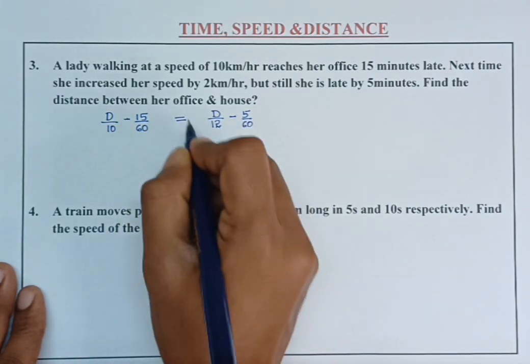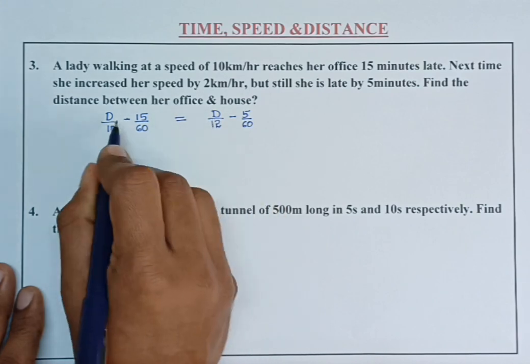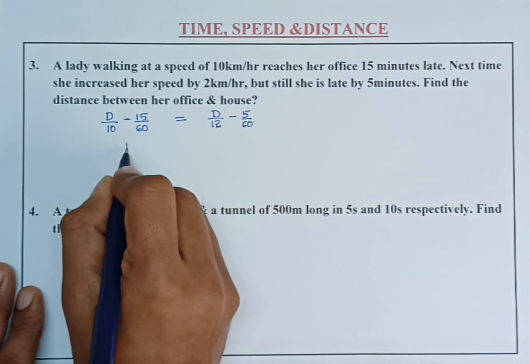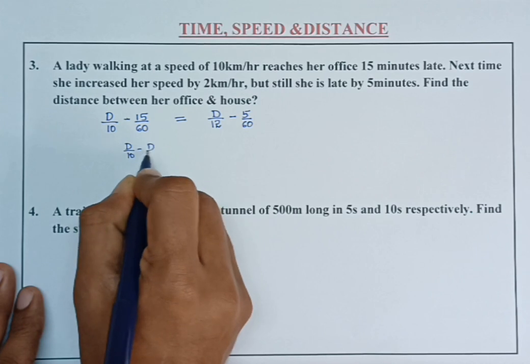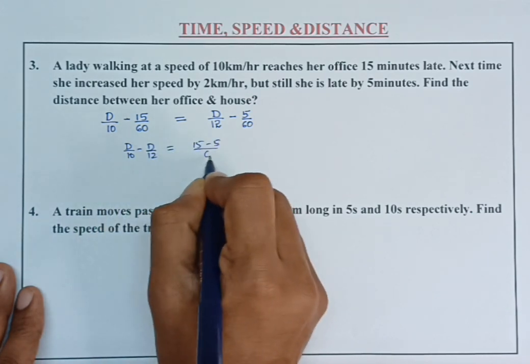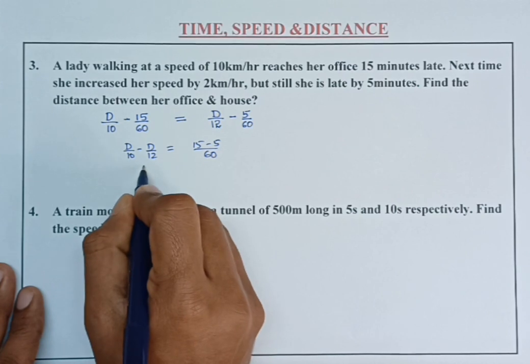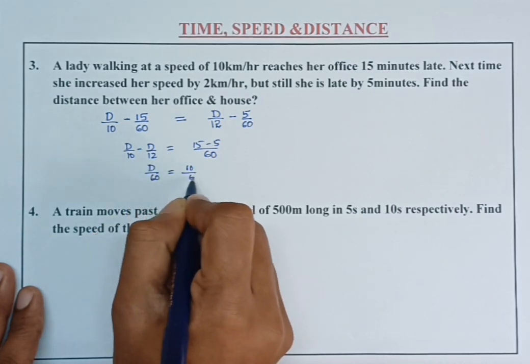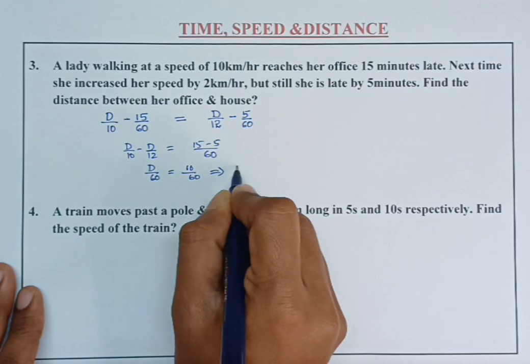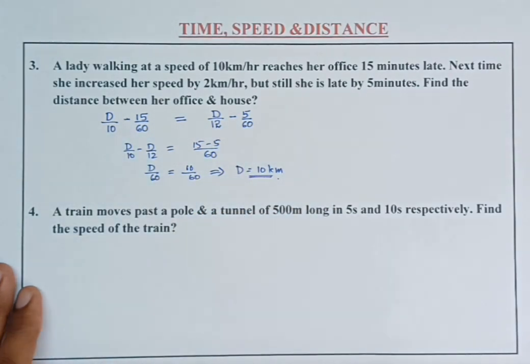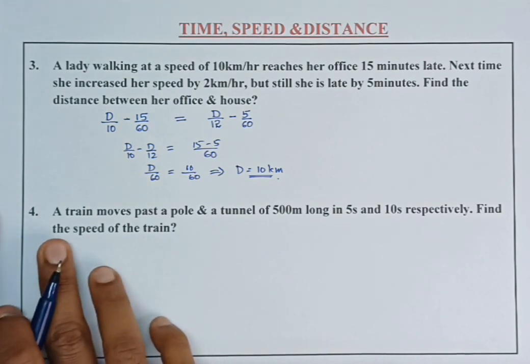So we can equate these two, and we'll take the d by 12 to this side. We'll get d by 10 minus d by 12 is equal to 15 minus 5 by 60. So this is also d by 60 equal to 10 by 60. That implies d is equal to 10 kilometers.